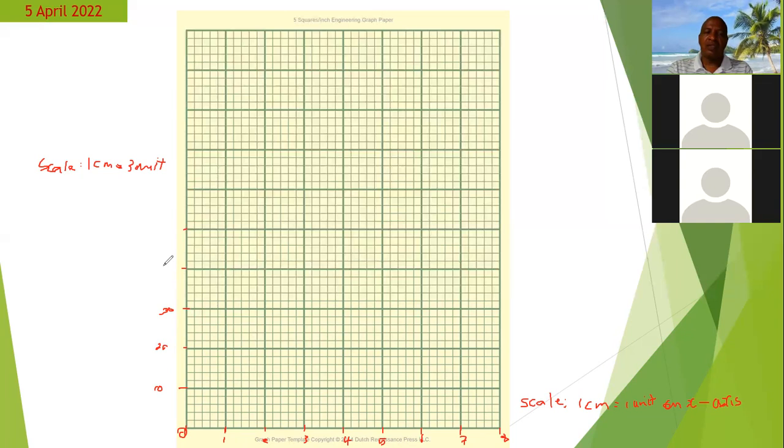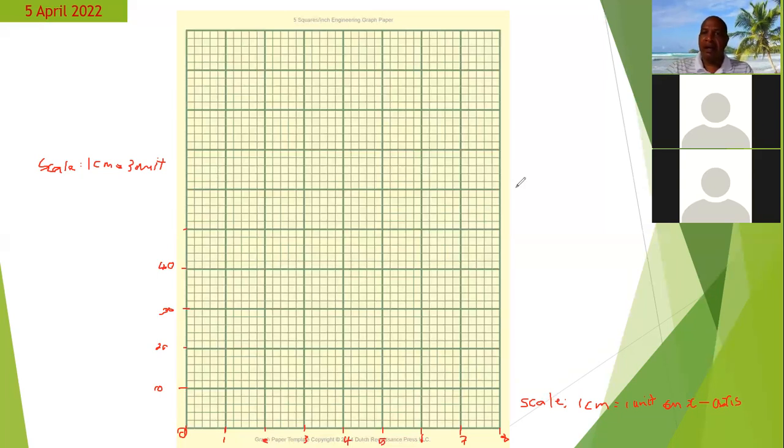So you can choose the scale of your choice. If they don't give you what scale to use, they may ask you to use a scale of your choice. So in that sense, you will have to choose a scale appropriate for your graph.